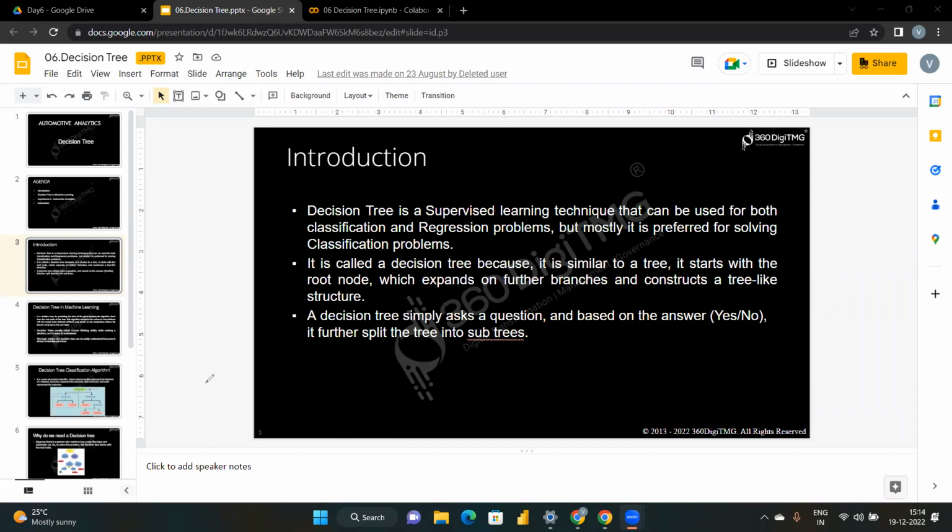They are often used in these fields for prediction analysis, data classification, and regression. So these are the main things that are important for the decision tree algorithm: data analytics and machine learning.